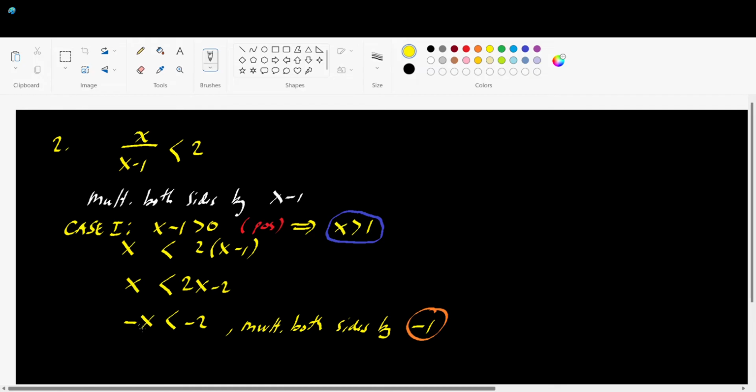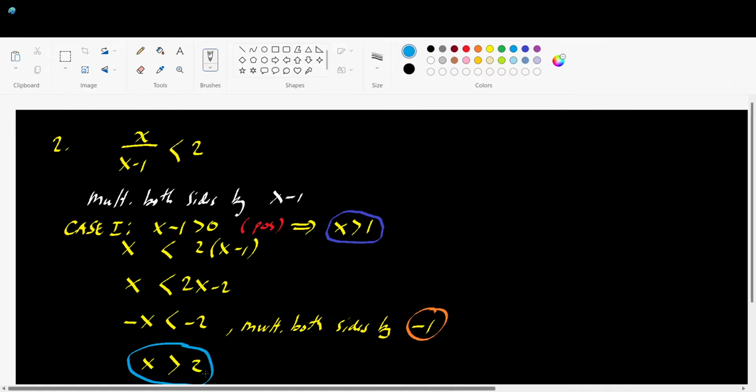So multiplying both sides by negative 1, we'll be getting x and positive 2, but the inequality less than needs to be changed to greater than. We need to reverse the inequality because we are multiplying both sides by a negative number. So it results in the inequality x greater than 2.